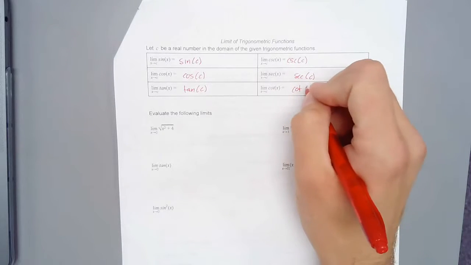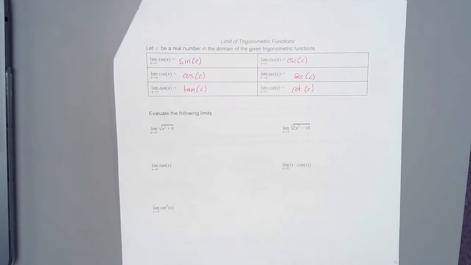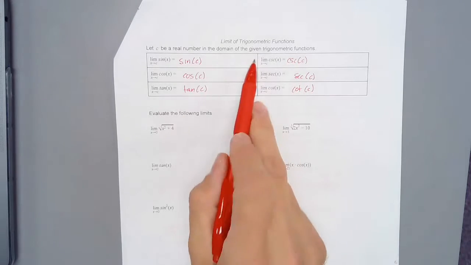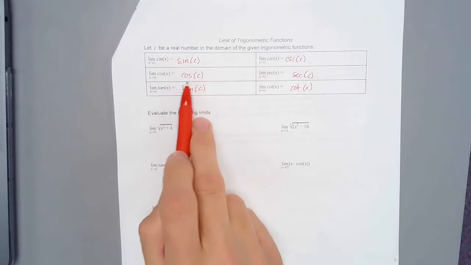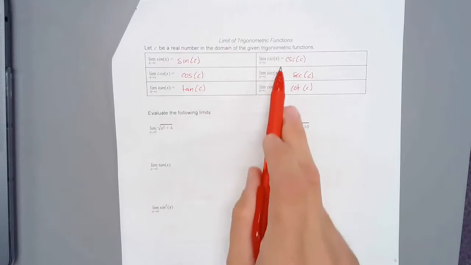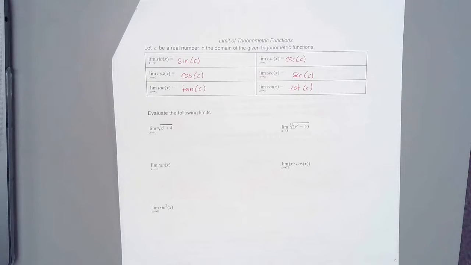And cotangent c. Pretty easy, direct substitution. Now, of course, c has to be in the domain. Sine and cosine are defined for all real numbers, but we have asymptotes in the rest, and we have to make sure that c isn't one of those undefined places where we have an asymptote.